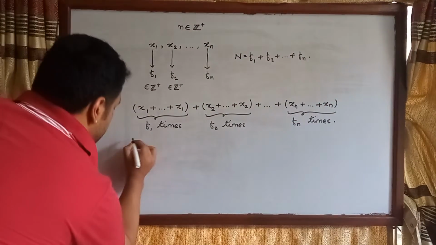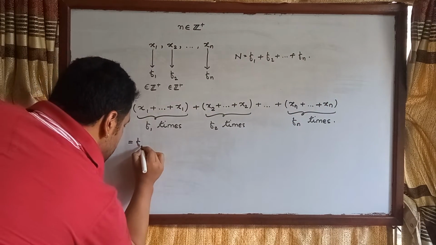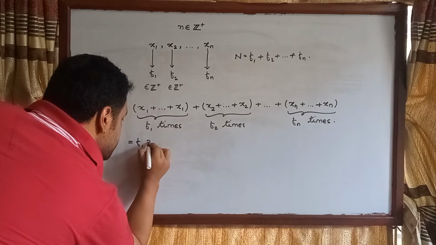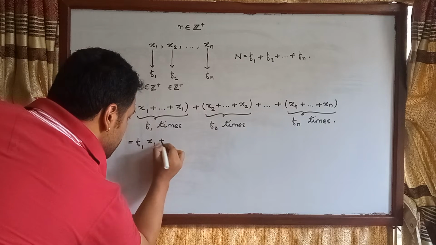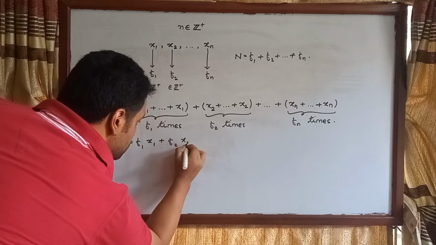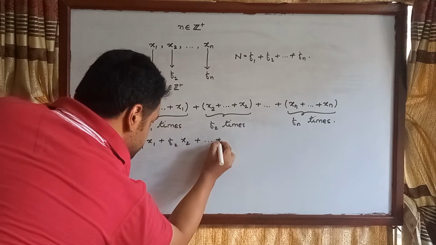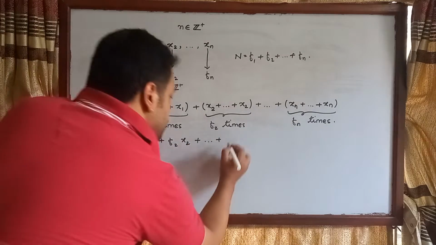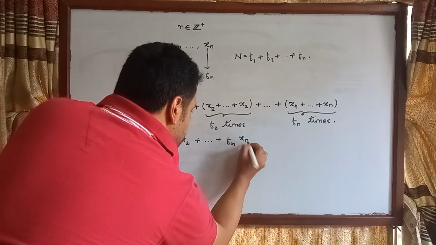So this is basically f1 times x1 plus f2 times x2 plus up to fn times xn.